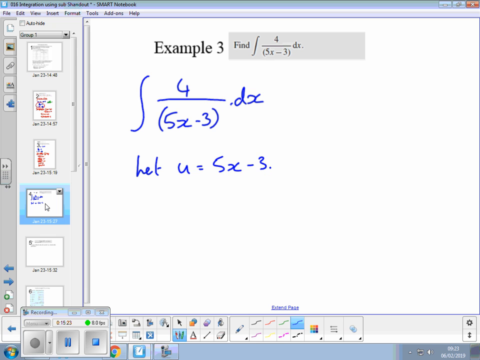What do I do with that? Yeah, differentiate it. du/dx equals 5. And then we rearrange for dx. Yeah, we need dx is equal to du by 5. Yeah.